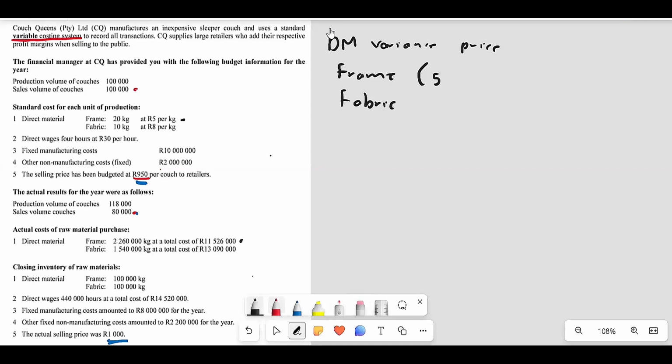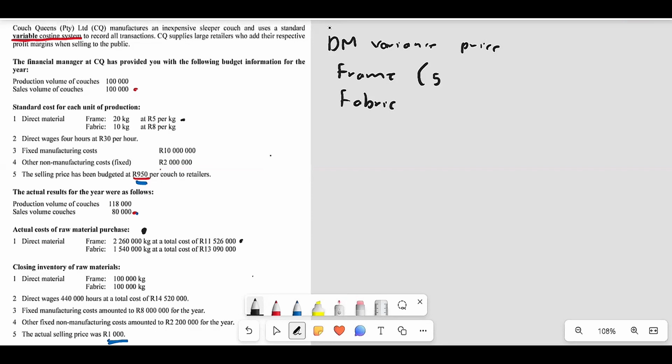So remember, very important is that you use the actual material purchased. You use the actual material purchased when you're doing the price variance.